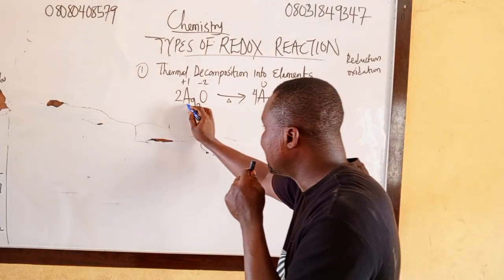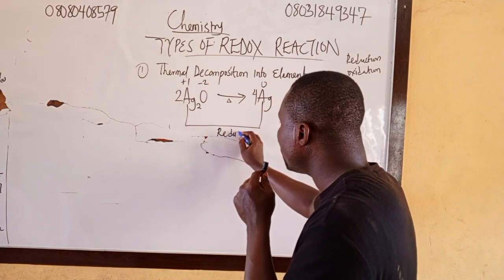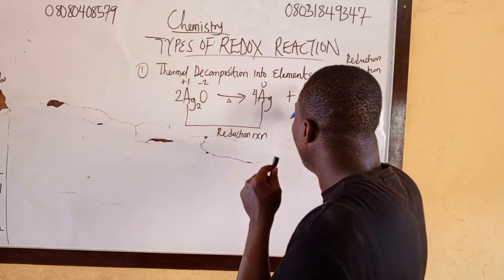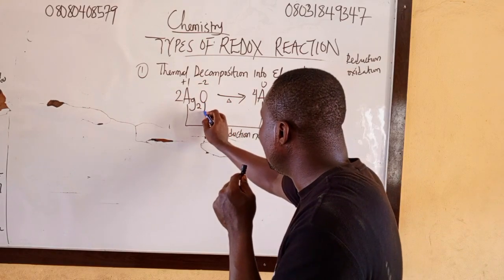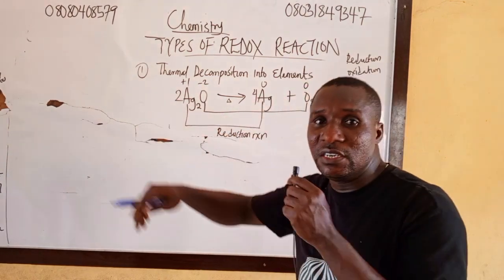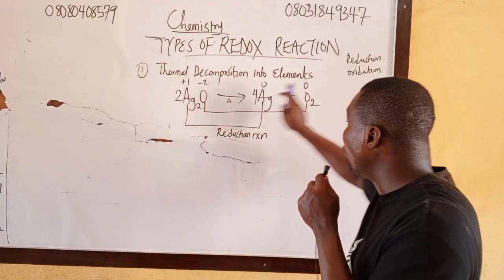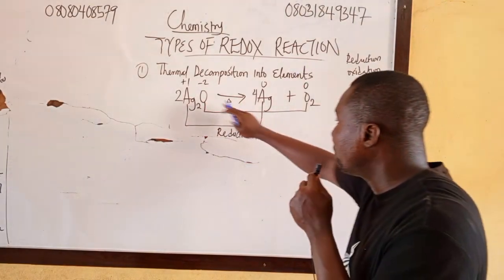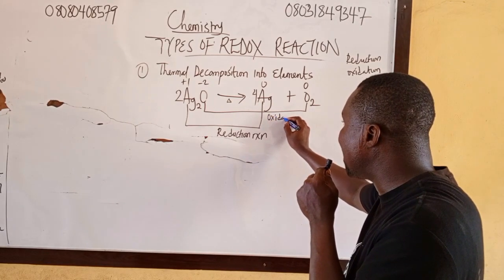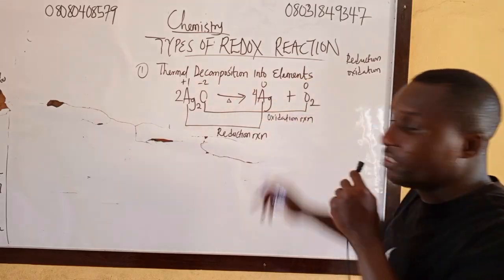Then oxygen from minus 2 to 0 has increased in oxidation number. Therefore, from this oxygen to this oxygen is oxidation reaction. Why? Increase in oxidation number.